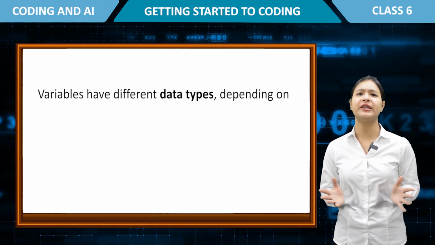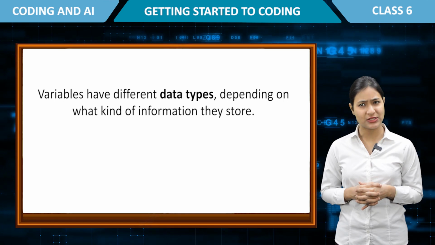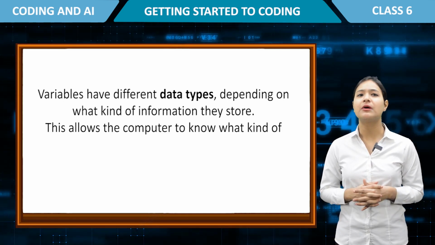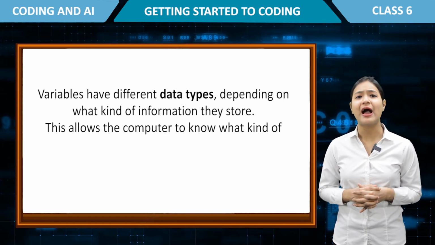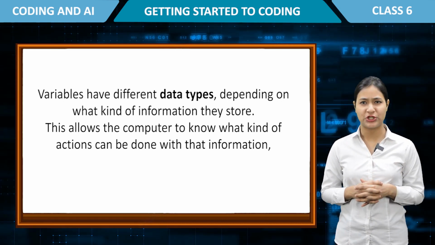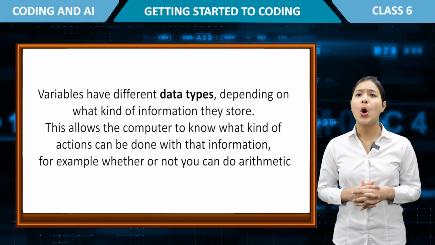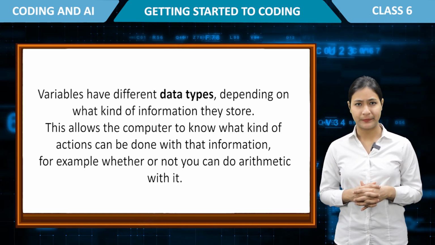Variables have different data types depending on what kind of information they store. This allows the computer to know what kind of actions can be done with that information, for example, whether or not you can do arithmetic with it.